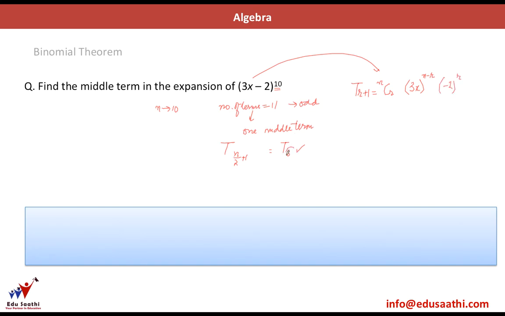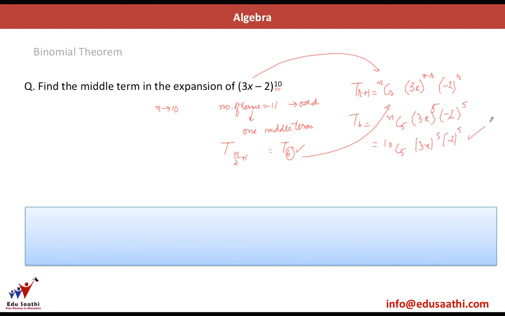I'll put the value of r as 5. So T6 will be equal to NC5 3x raised to power 10 minus 5, which will be 5, minus 2 raised to power again 5. So I'm just calculating it out. It is 10c5, 3x raised to power 5, and minus 2 raised to power 5.